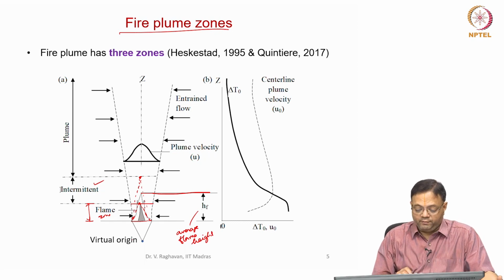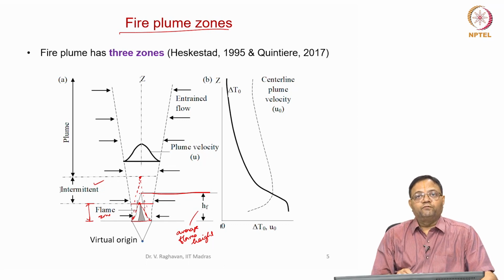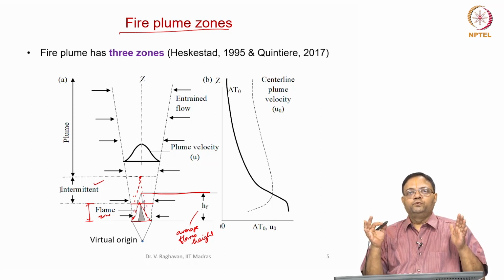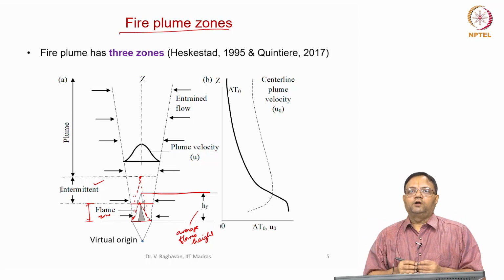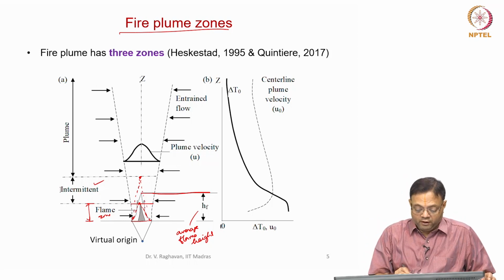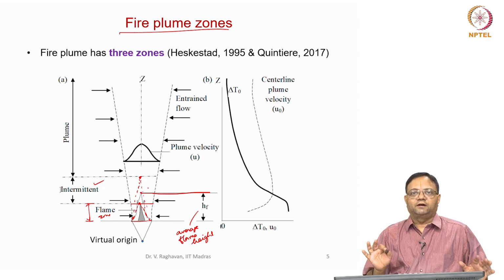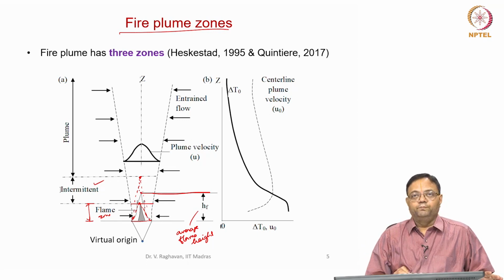This average flame height basically signifies the location where the flame is seen at least 50% of the time period of probing. So, say I do the probing for about 100 seconds. At this location, for at least 50% of the time, 50 seconds at least, the flame is seen.